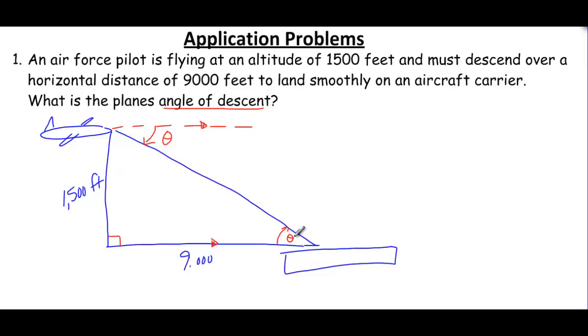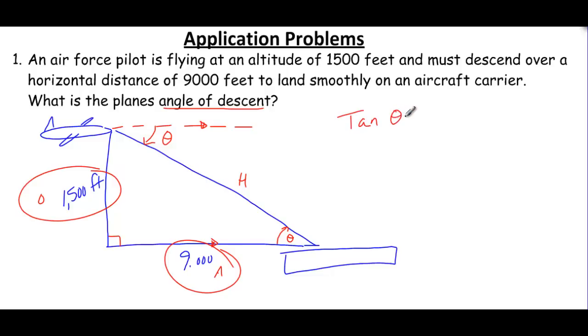So let's label my sides. If this is my angle, this is the opposite, this is the adjacent, and this is the hypotenuse. So what I know is the O and the A. O and A gives me tangent. So tangent of my angle is equal to opposite over adjacent. Okay? And just like before, if I want to get my theta alone, I'm going to have to do the inverse tangent of 1500 over 9,000.